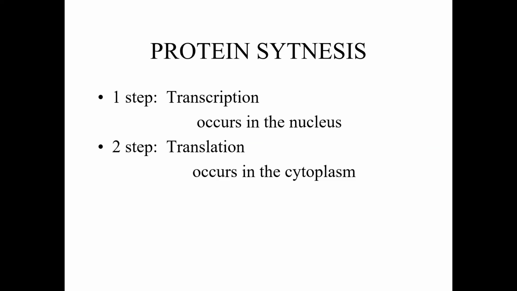So protein synthesis joins the nucleus to the cytoplasm. We have genetic material, the starting material, in the nucleus, and the end product, which is protein, is now in the cytoplasm. So it means there has to be a kind of transportation of the information, or rather of the molecules, from the nucleus to the cytoplasm.